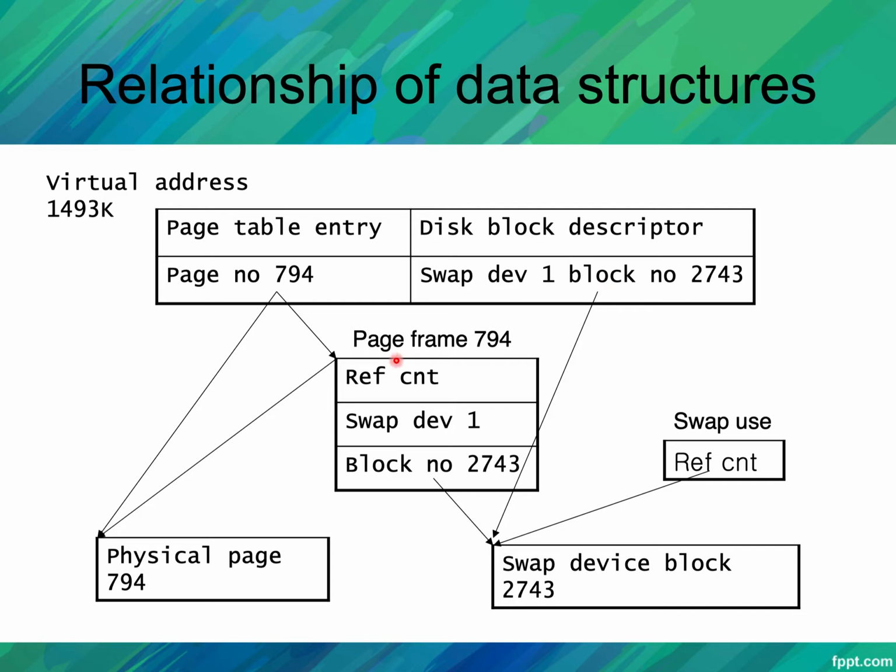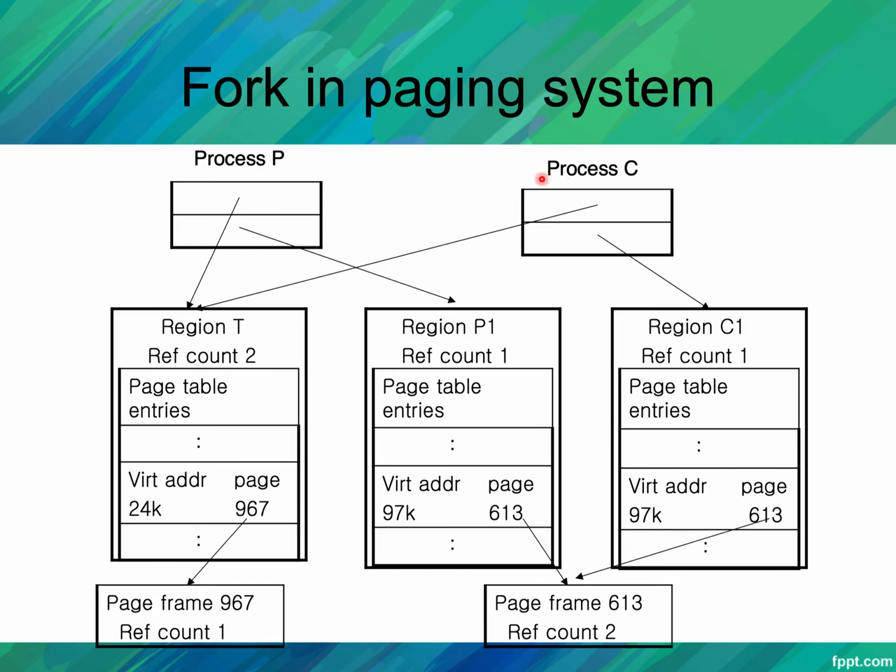And here the page frame table maintains a reference count, swap device detail, and block number. The swap use table is another data structure which maintains the reference count for every page. So the reference count is very important here. Based on the reference count, whether a particular page needs to be swapped out or swapped in can be decided. Then the swap device, block, and all the details. This is the relationship of data structures.